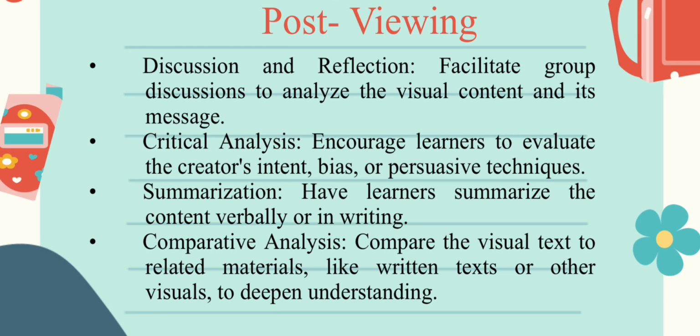Encourage the students to justify their interpretations by pointing to specific elements from the visual, for instance, the lighting, symbols, and body language. Use open-ended questions to stimulate critical thinking, such as why do you think the creator chose the particular symbol, or how does this visual relate to our current understanding of the topic.